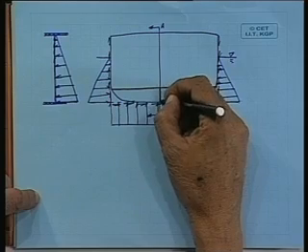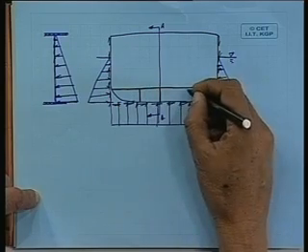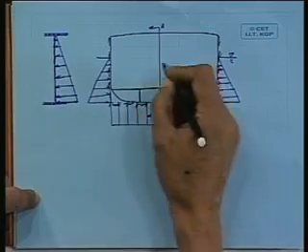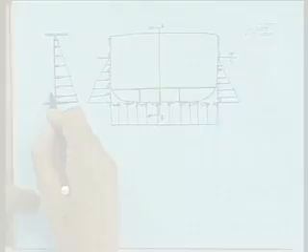Within the double bottom you will have certain girders here, and then getting the stress value is not a big problem, because section modulus is known to you, bending moment you are calculating, M by Z will give you the stress level.